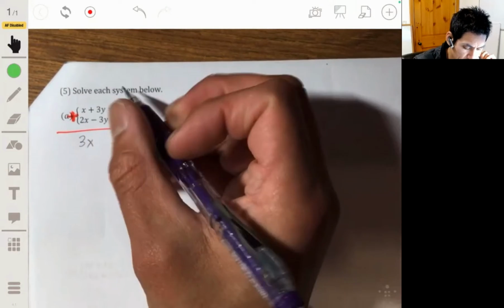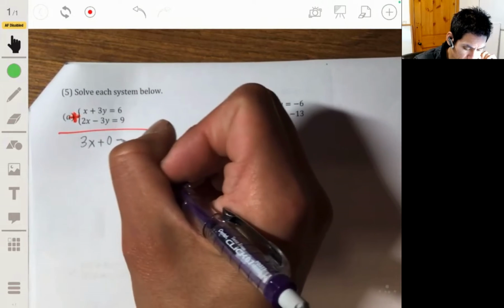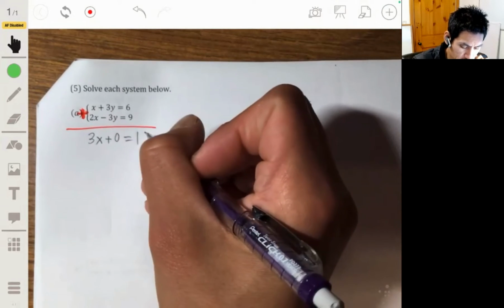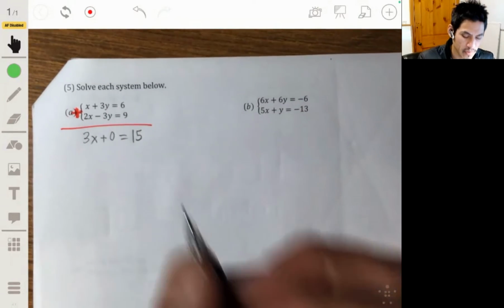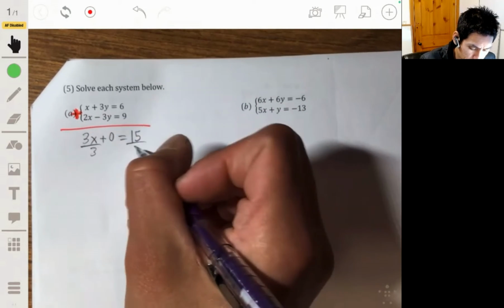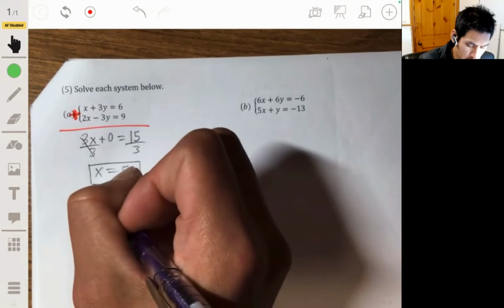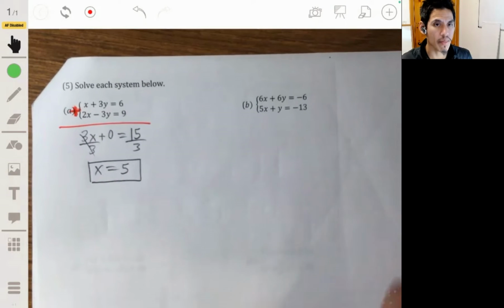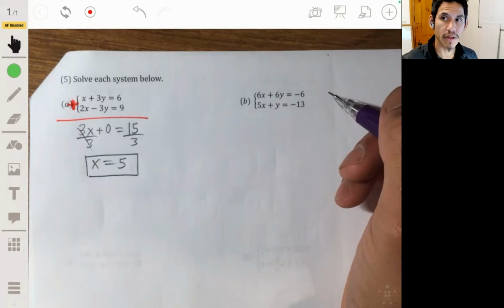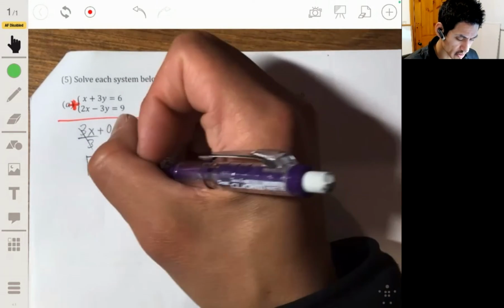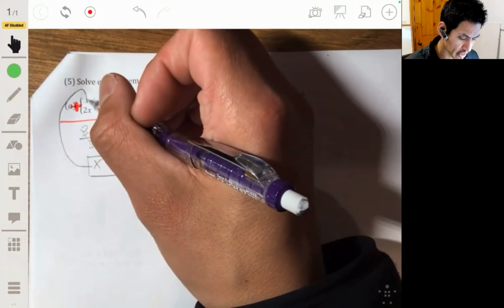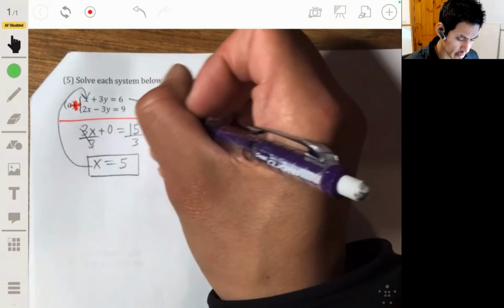3y plus a -3y gives me 0y, or just 0. And 6 plus 9 is 15. Then I solve this for x. I get x is 5. And then from here, I just plug this 5 into either equation. The top one looks simpler.